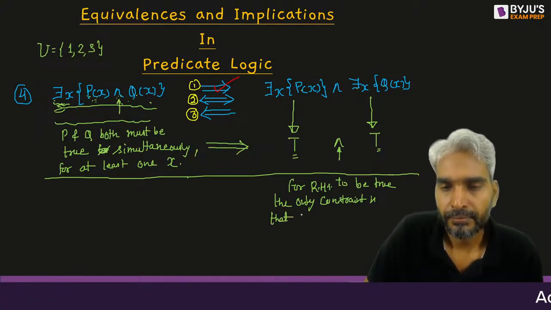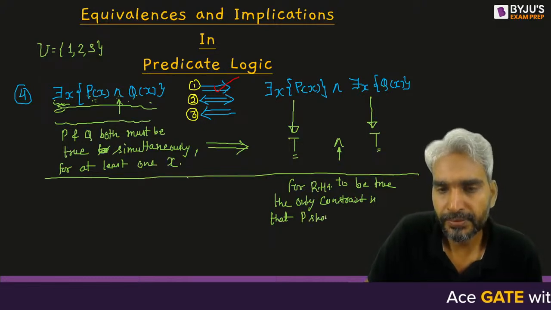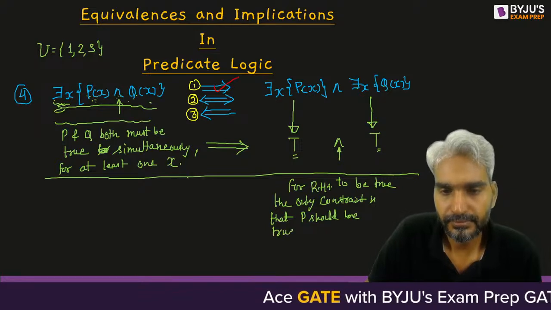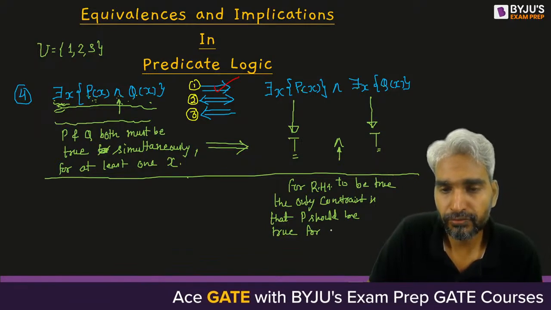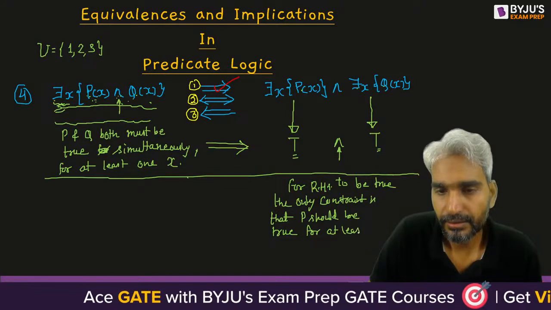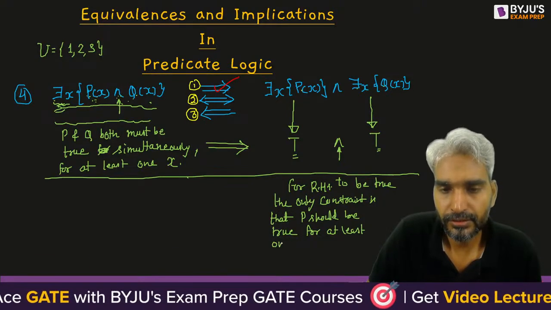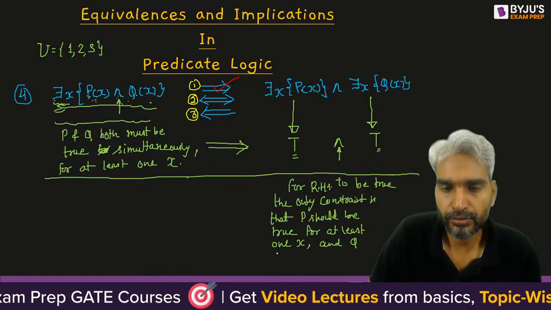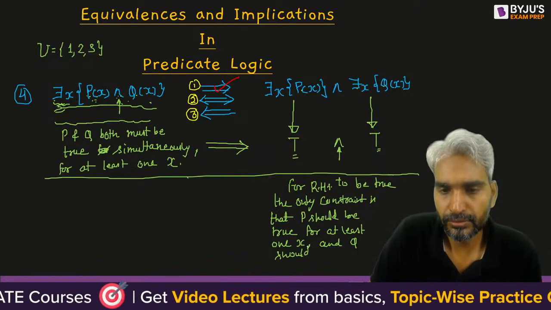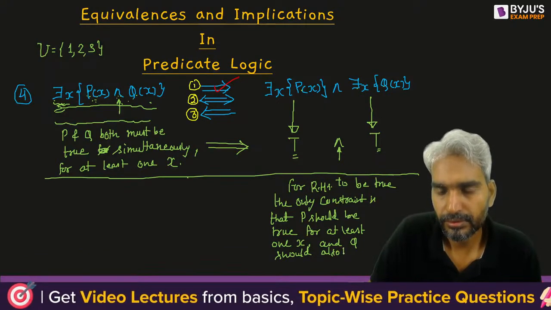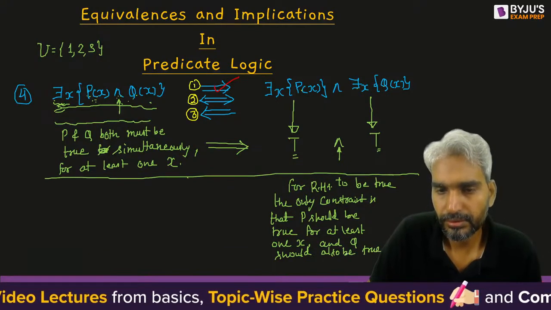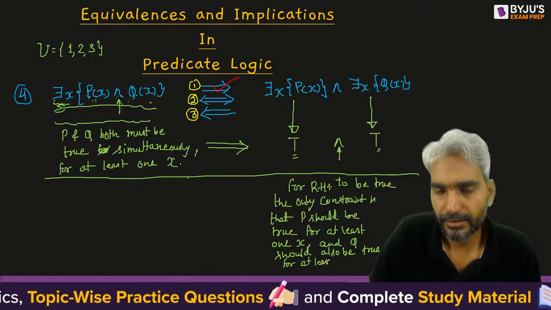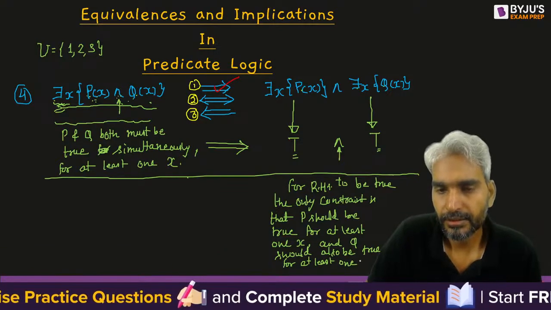That P should be true for at least one x, and Q should also be true for at least one x.